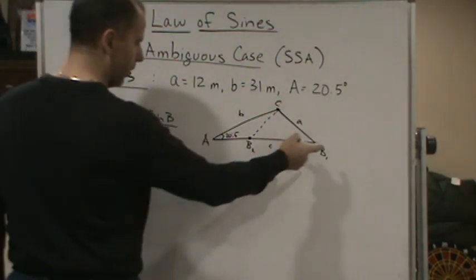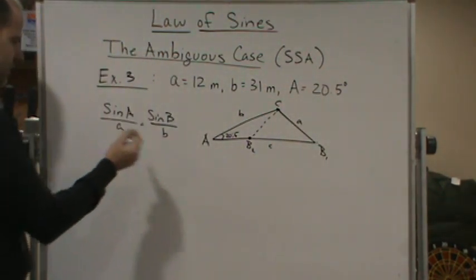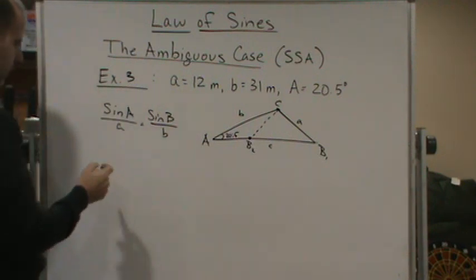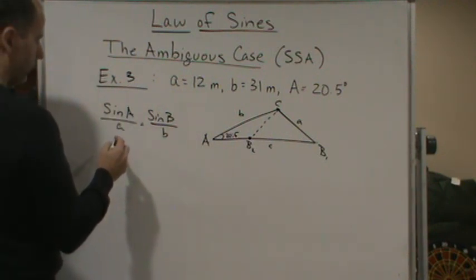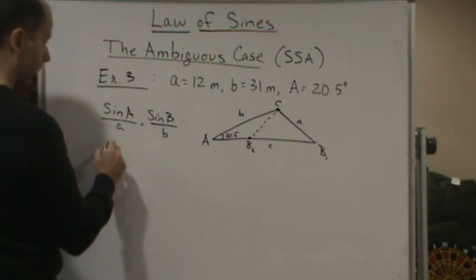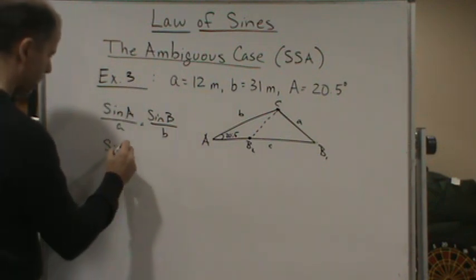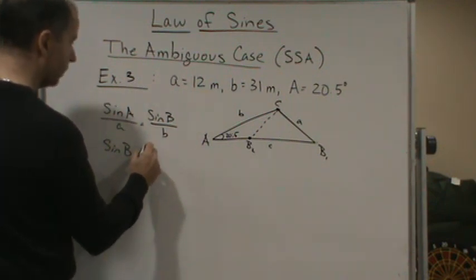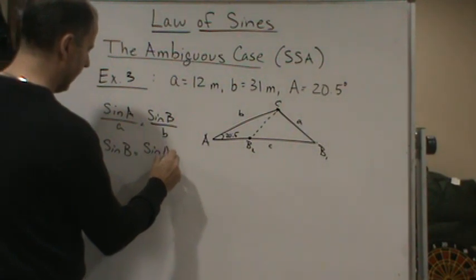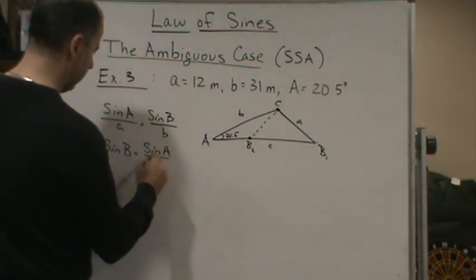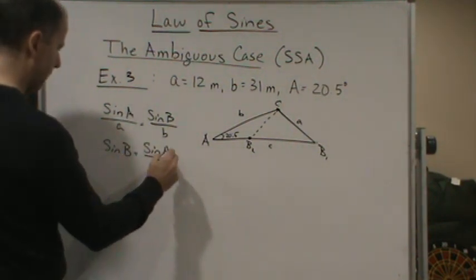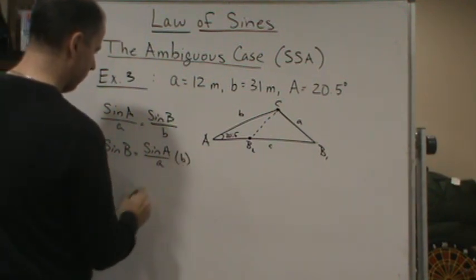Again, we don't know which one it is, B1, you know, but let's just solve this. So we're going to solve for sine B, right? So sine B equals sine A over a, and this is times b, right?